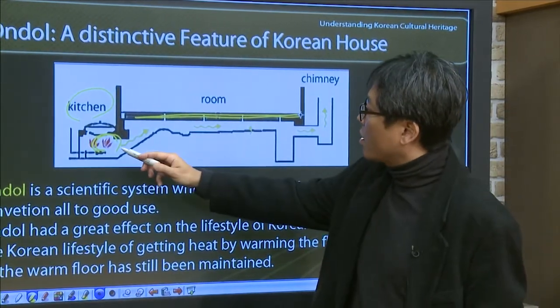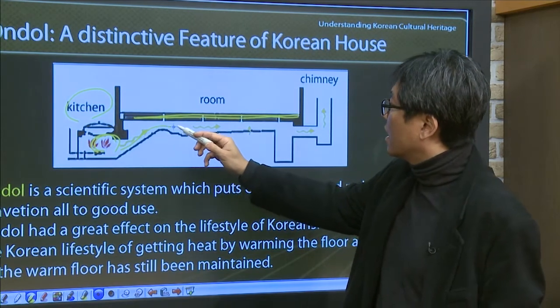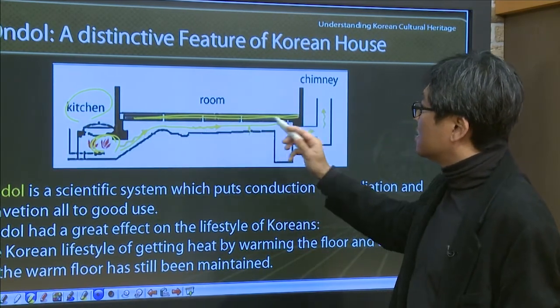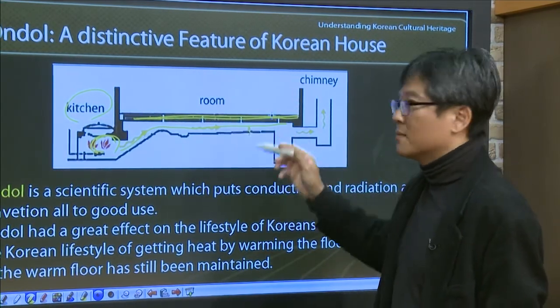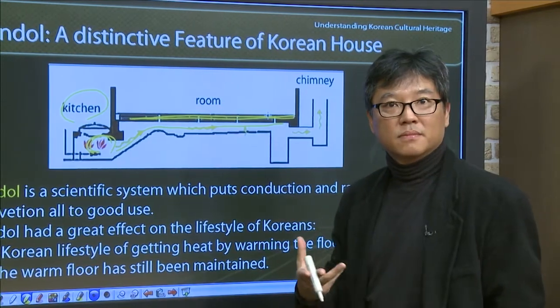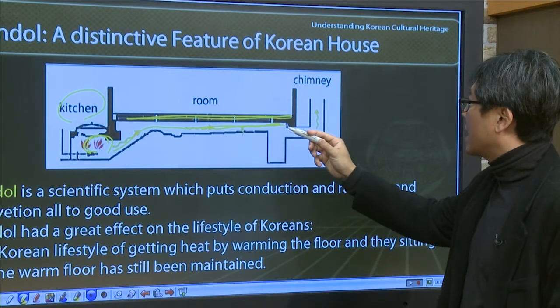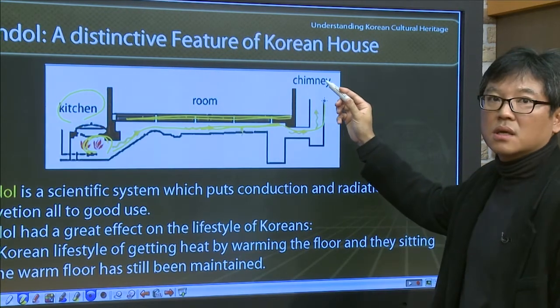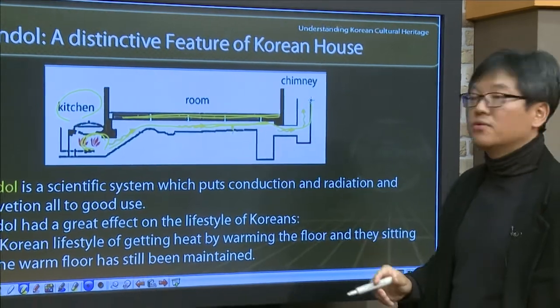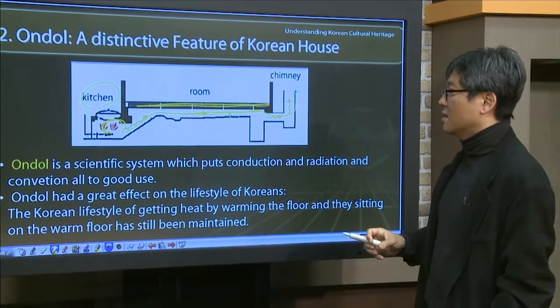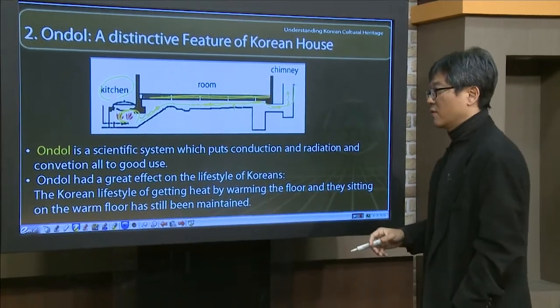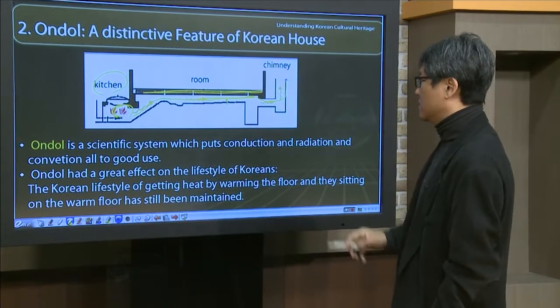So heated air circulates under this stone slab, so it becomes warm. And then the air finally goes out through the chimney. So it's a very genuine, interesting invention of the Korean traditional house system.